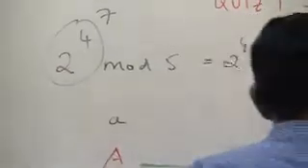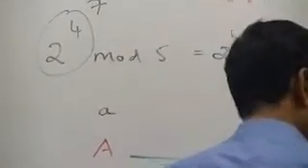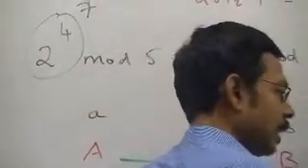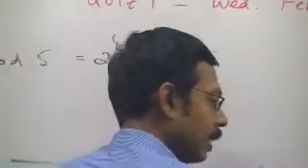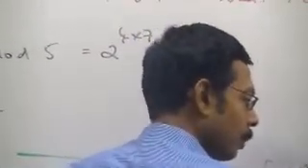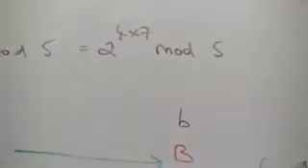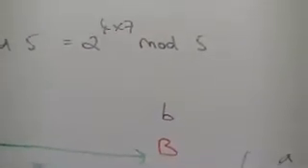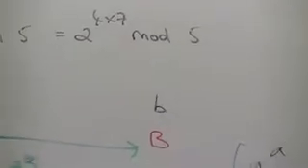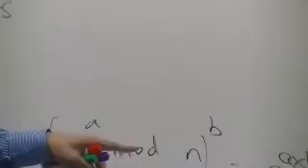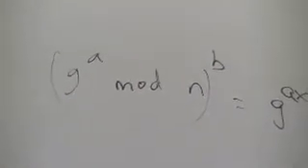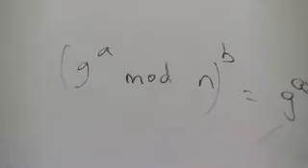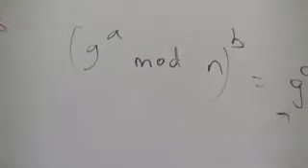So he can do G raised to A mod n raised to B. So that will be G raised to A times B mod n. Right? He receives G raised to A mod n, and he can take exponent raised to B. So basically he is getting G raised to A times B mod n. Aren't they same? Yes, that's the secret key.